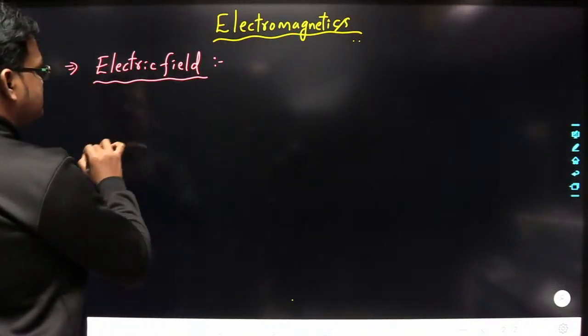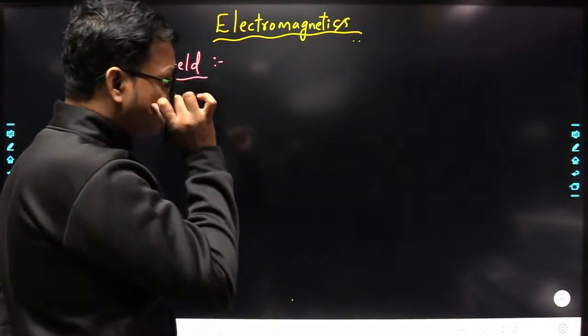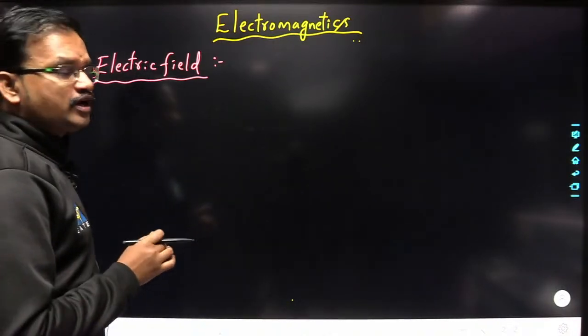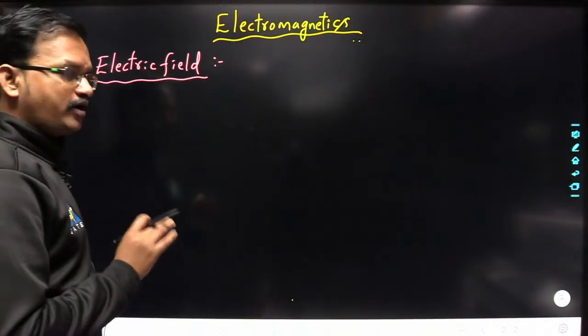So electric field is defined as what here? The electric field at any point is defined as the force experienced by a unit positive charge at that point. It gives you the electric field strength at that point, yes or no?